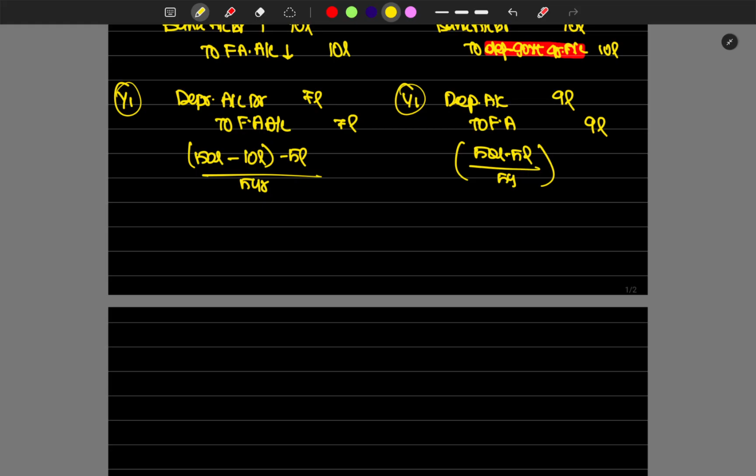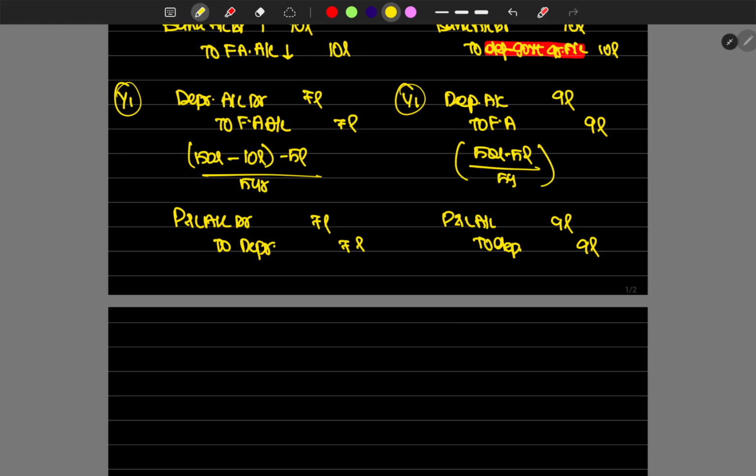Now we have charged the depreciation, and we write it off to the P&L account, debit to depreciation account, which is 7 lakh in year one. Here also we have to write off the depreciation, which is 9 lakh.